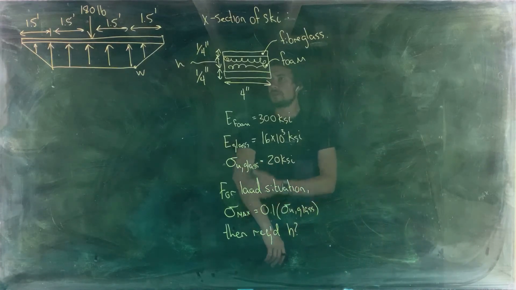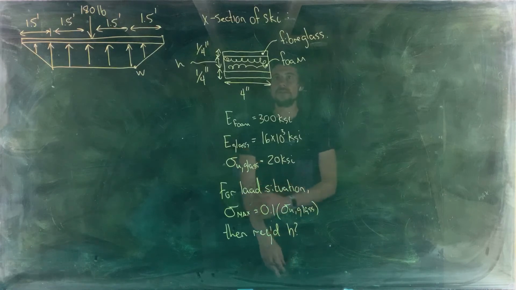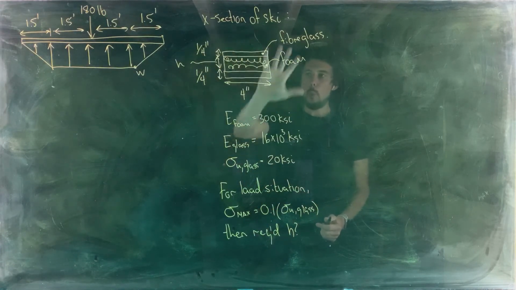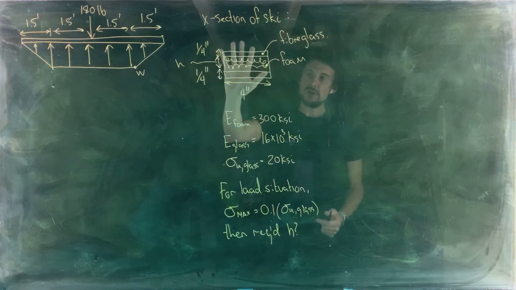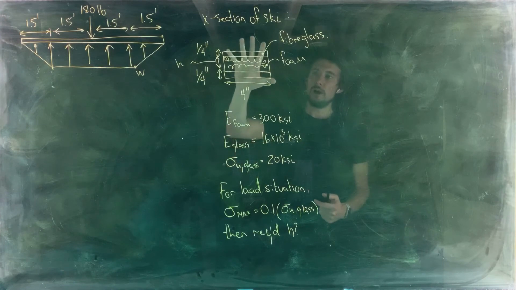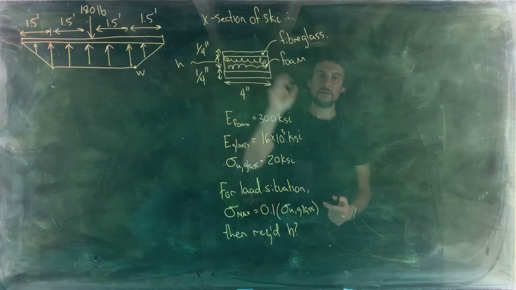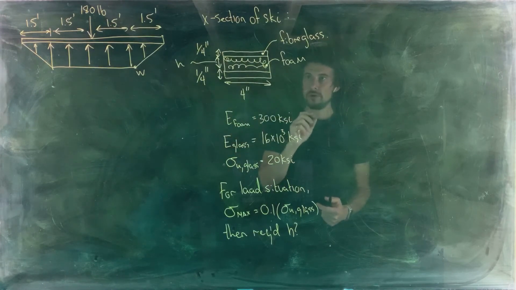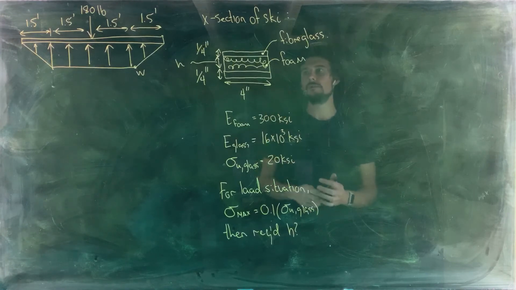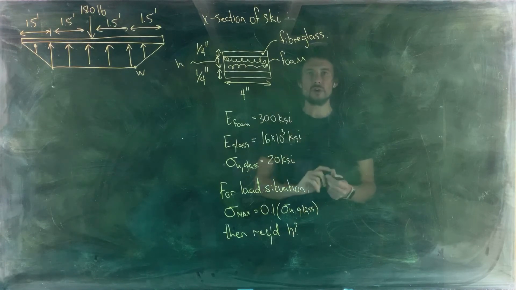So this being a composite beam, whenever you're dealing with composite beams, what you want to do is transform the cross-section of the beam into a single material that would undergo the same deformation profile relative to the original composite beam.